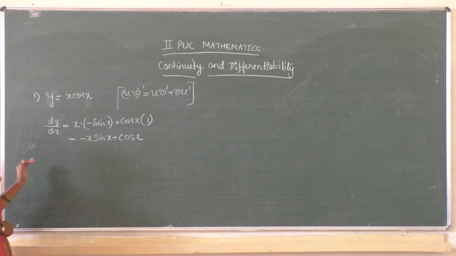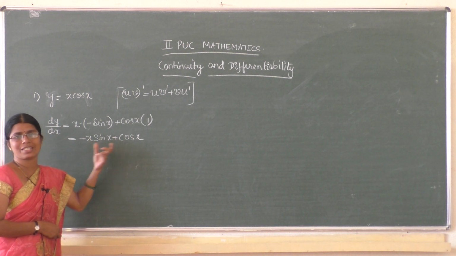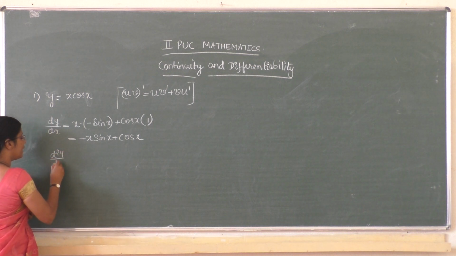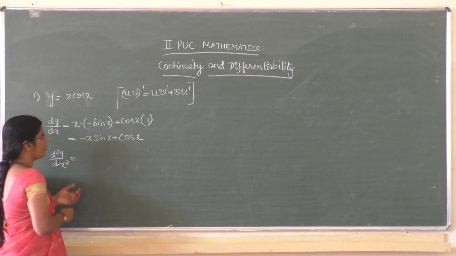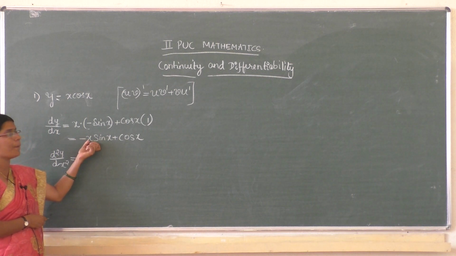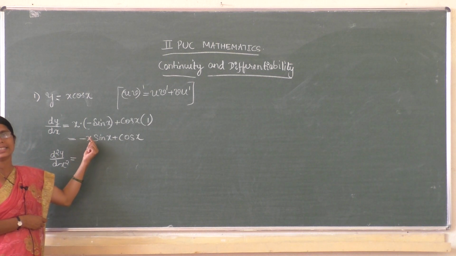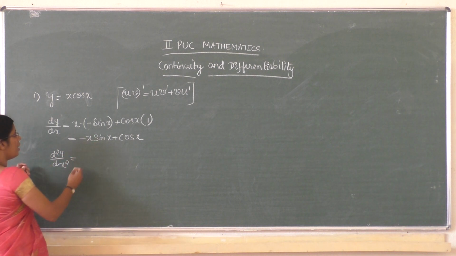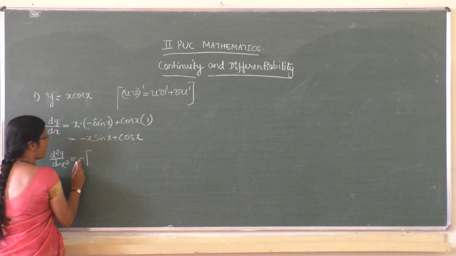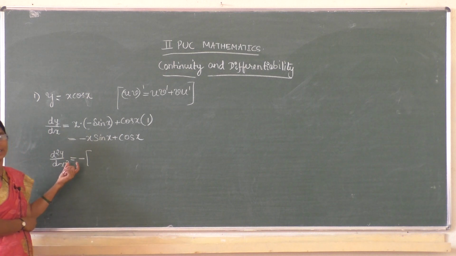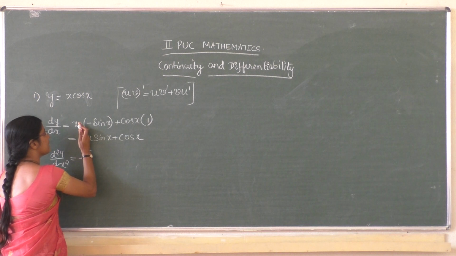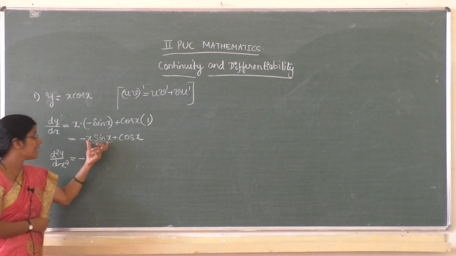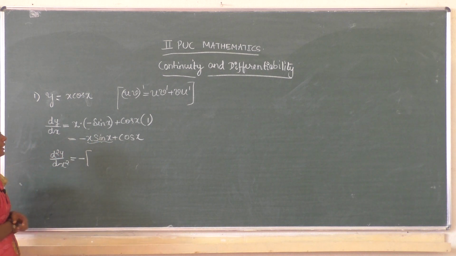Now you find the derivative once again with respect to x, that is d square y by dx square. Here we have a product of two functions, x into sin x. We keep the minus sign outside and just consider x into sin x as a product of functions and apply the product rule.